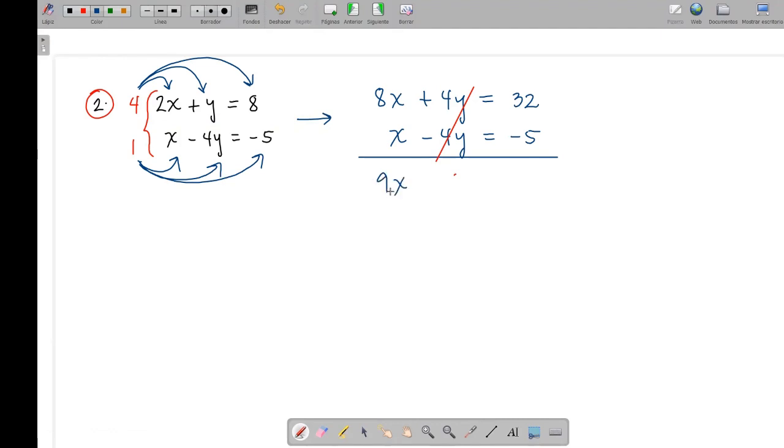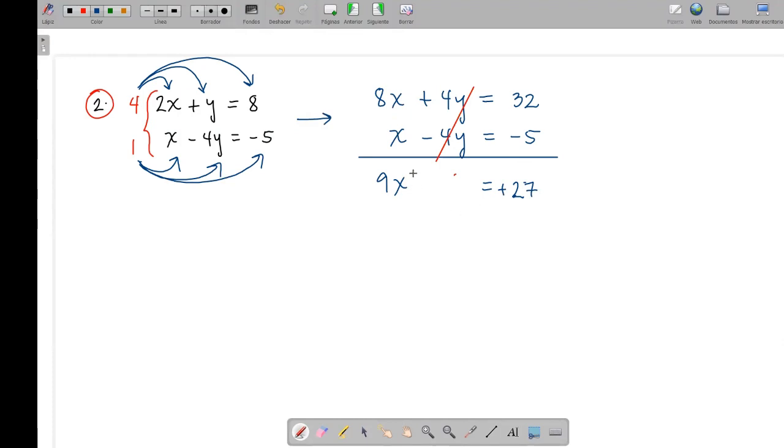The second column is 4y minus 4, 0. And then in the other column, we have positive 32 minus 5. So applying the rule of signs in addition and subtraction, positive and negative, we subtract and we write the sign of the greatest number. In this case, is 32. So the answer is positive 27. If you want to write the positive, no problem.